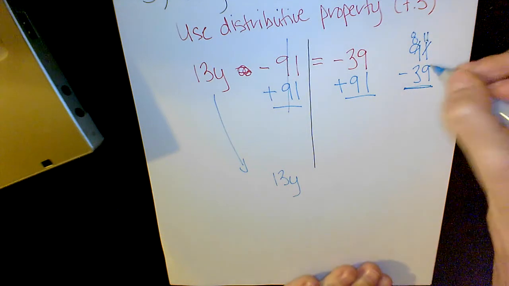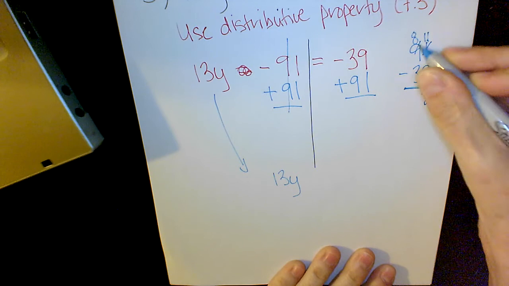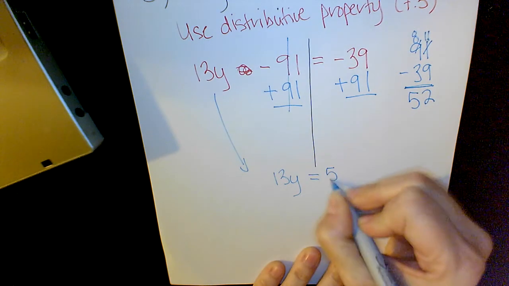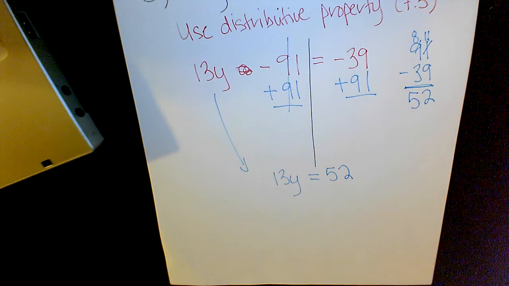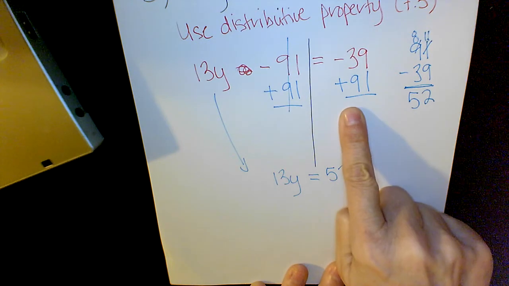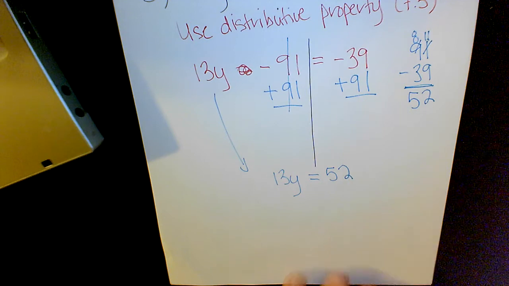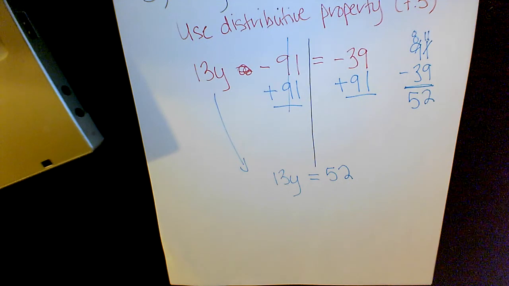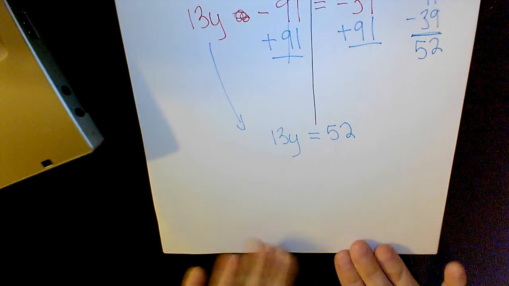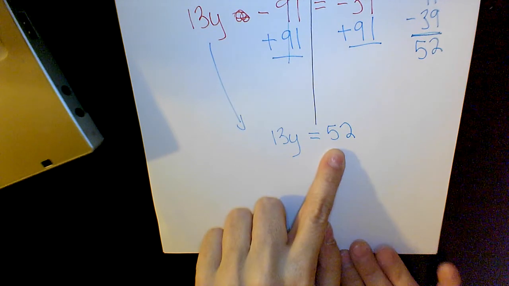This is 11 minus 9 is 2, and 8 minus 3. And it's a +52 because there's more negatives with the 91 than there are with the -39. So I get 13y equals 52.